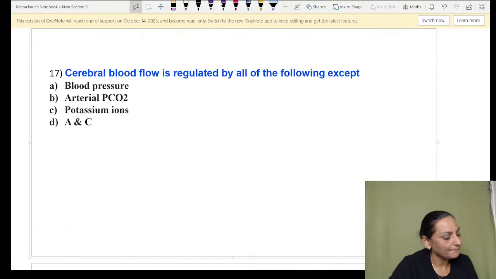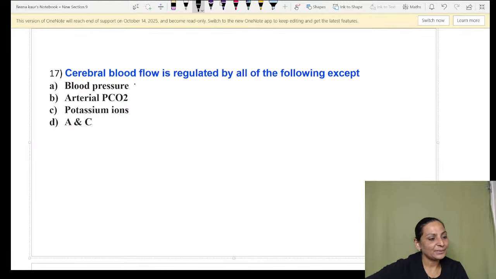Now, cerebral blood flow is regulated by all of the following except: blood pressure, arterial PCO2, potassium, or A and C, that is blood pressure and potassium ions.